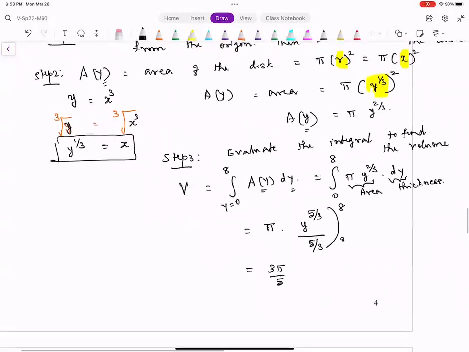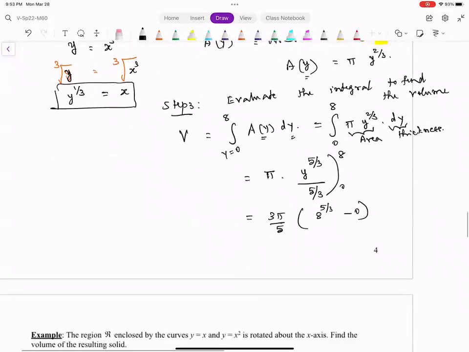Then substitute 8 to the power 5 over 3, upper limit minus lower limit. So it will be 3 pi over 5. Then 8 can be written as 2 cube. So 2 cube to the power 5 over 3 will be just 2 to the power 5, which is 32.